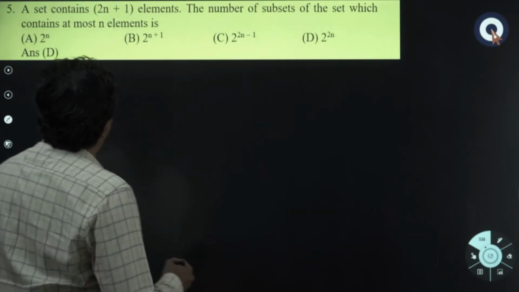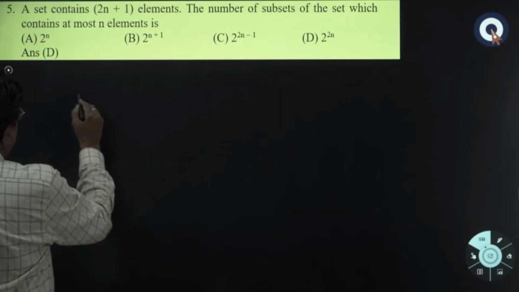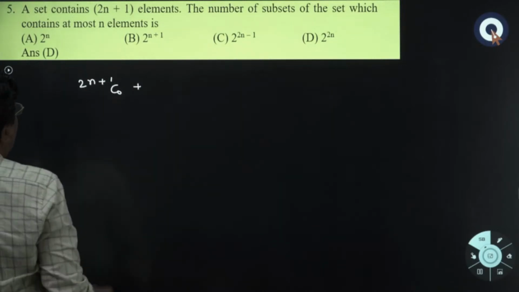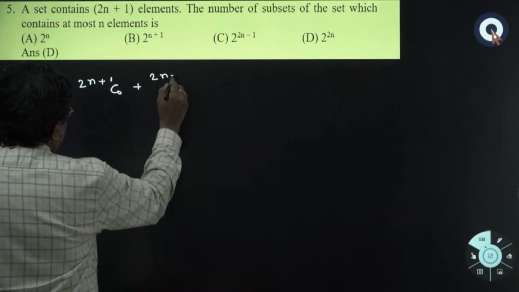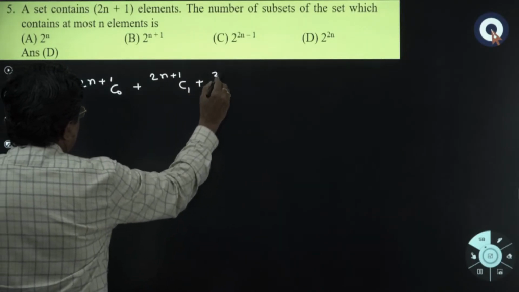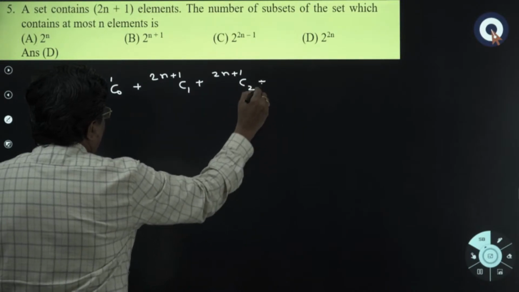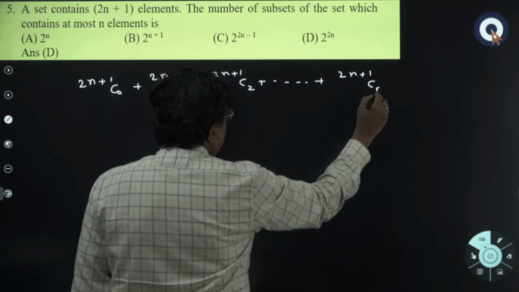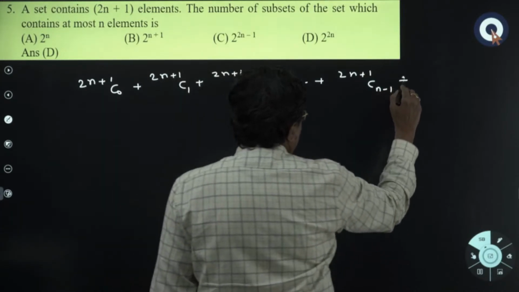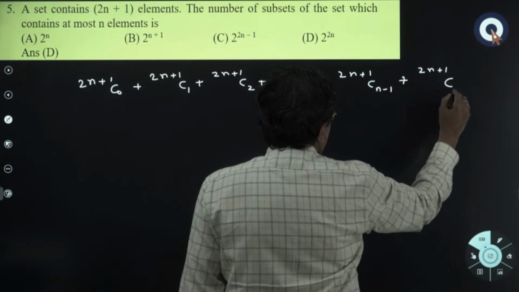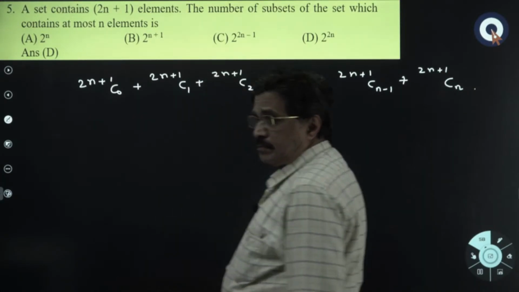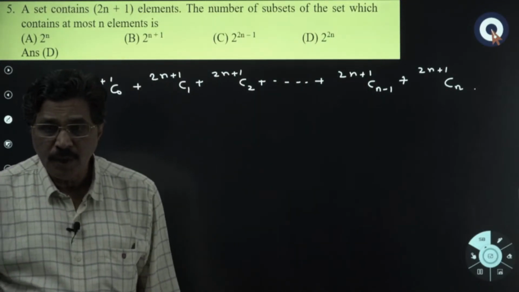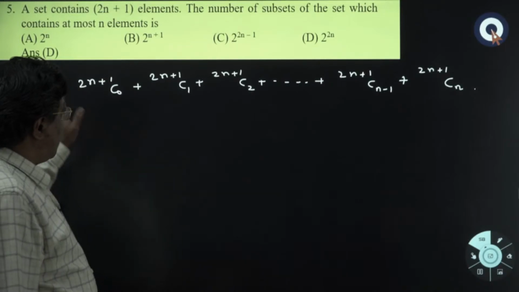So we need the number of subsets of the set which contain 0 elements, exactly 1 element, 2 elements, and so on, up to n minus 1 elements and n elements. So at most n elements means from 0 to n elements.